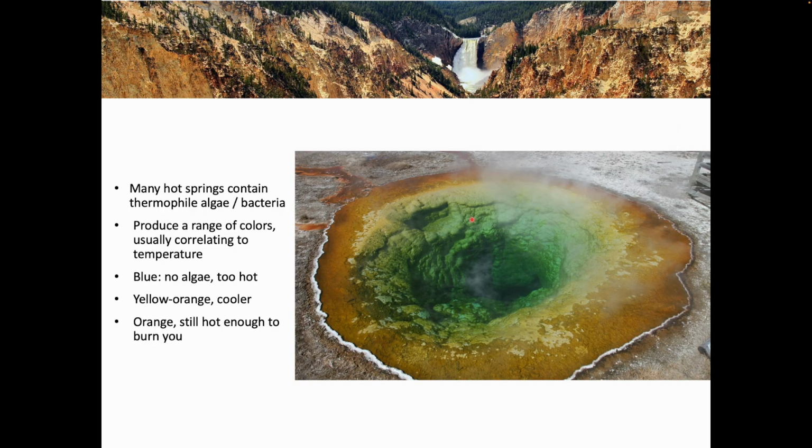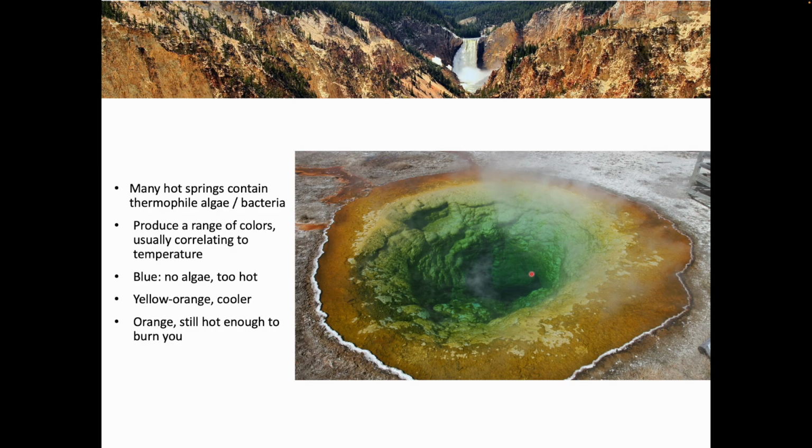And again, hot springs are very scenic, they're very beautiful, they're very alluring. Many hot springs get their colors from thermophile algae and bacteria. That is algae and bacteria that love to live in extremely high temperatures. Hot springs generally have a range of colors, and the temperature of the water correlates with the color.